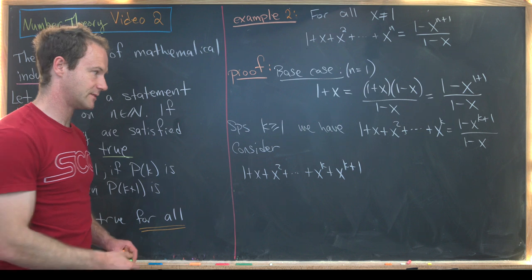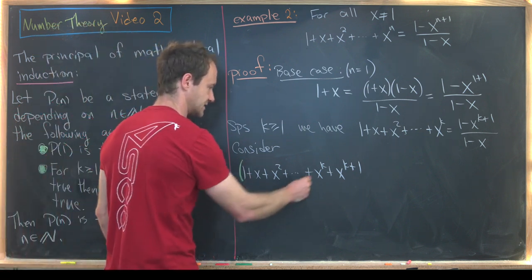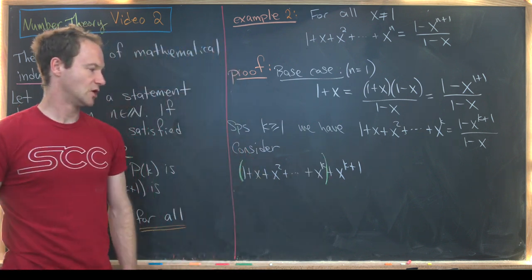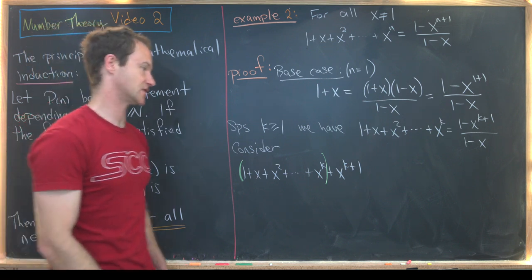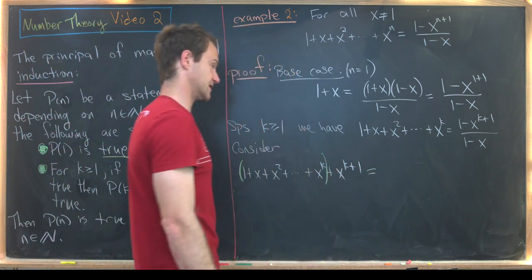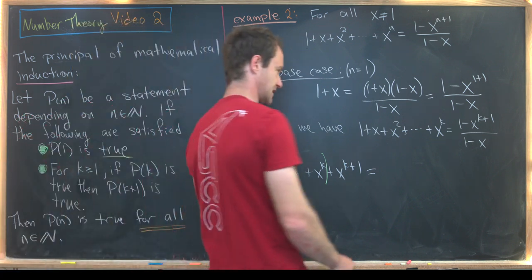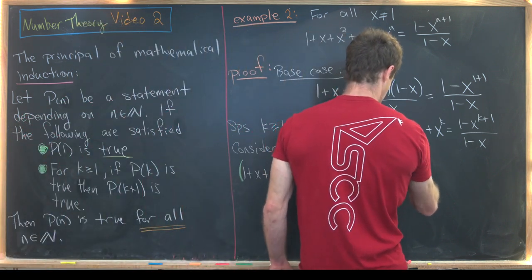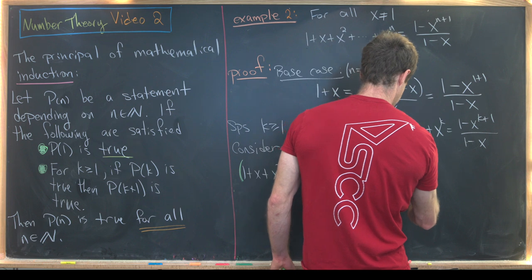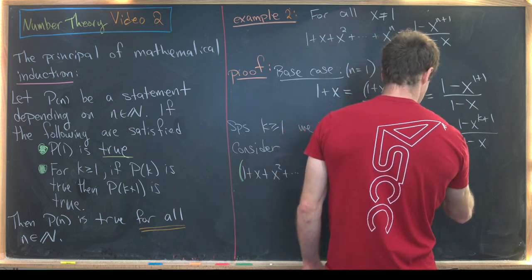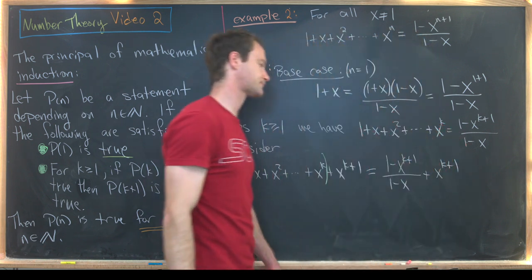So here there's not much to do in terms of rewriting to use the induction hypothesis. We can just group those first k terms and immediately use the induction hypothesis. That's going to leave us with (1 minus x to the k plus 1) over (1 minus x) plus x to the k plus 1.